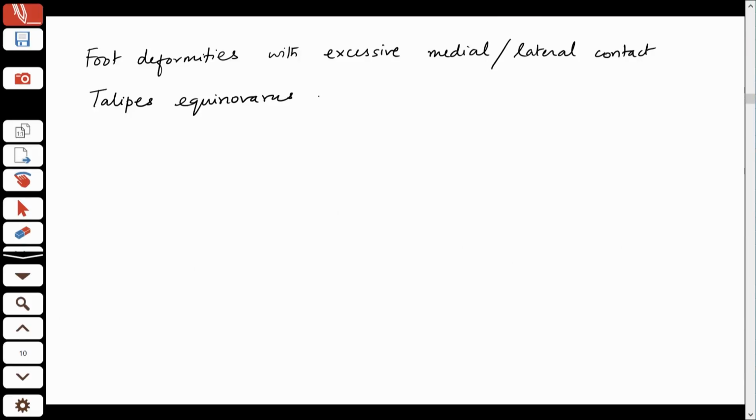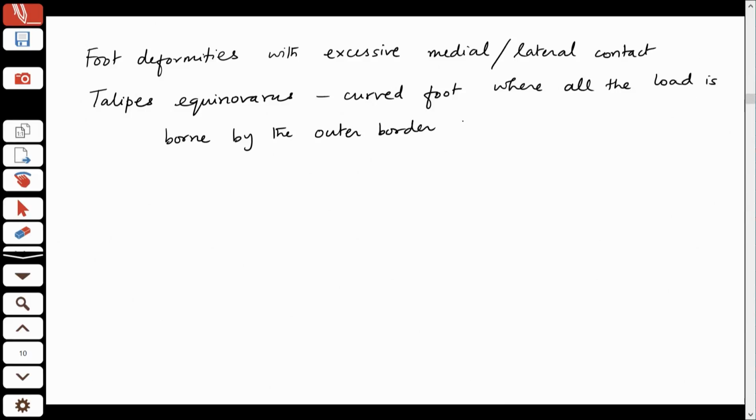So, this is a curved foot where all the load is borne by the outer border of the foot, by the lateral border, outer border of the forefoot. This is also called a club foot.